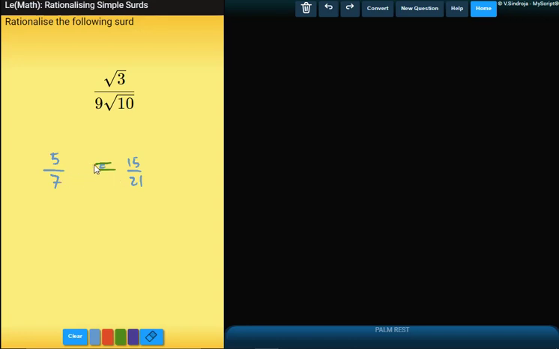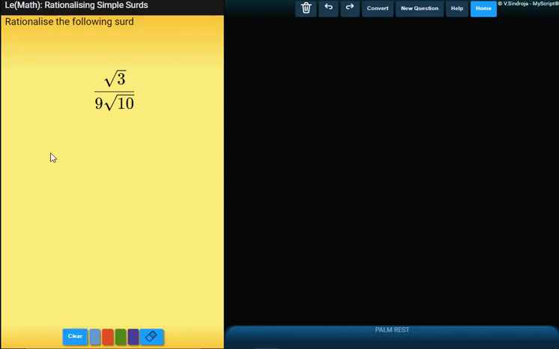Let me quickly work it out. If you did 5 divided by 7 on the calculator, you get 0.7142 and so on. And if you did 15 divided by 21, you still get 0.7142 and so on. They both represent the same number. They're just different versions of the same fraction.